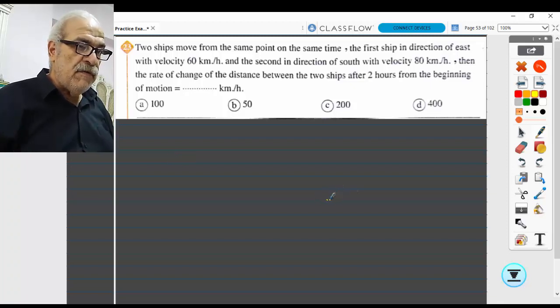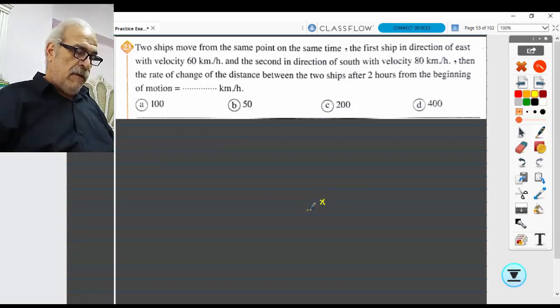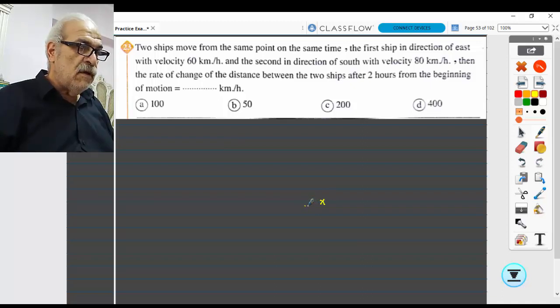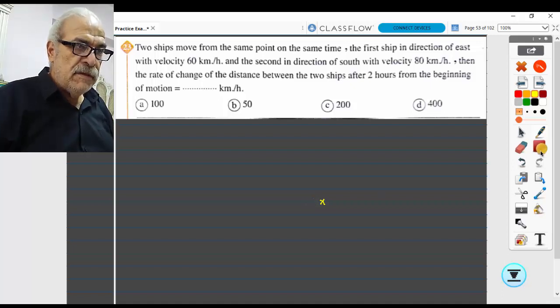So we have the same point, consider this point here, and we have 2 ships. One of them moves to the east here.